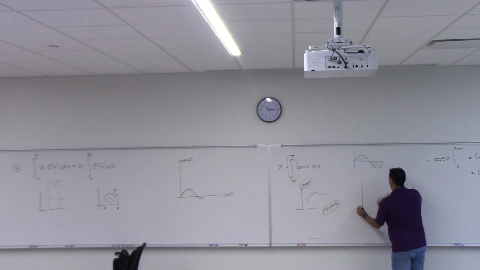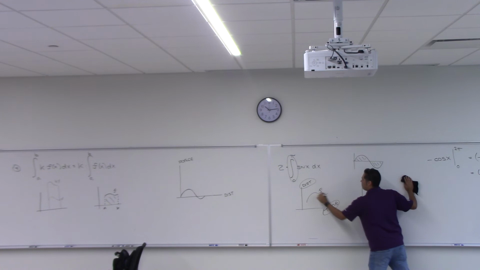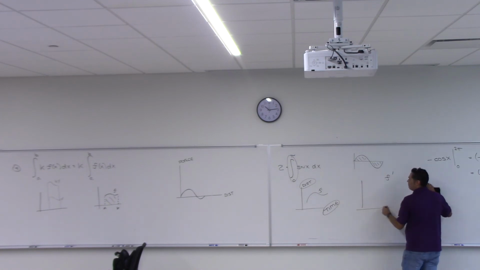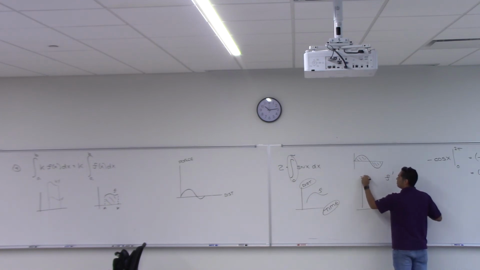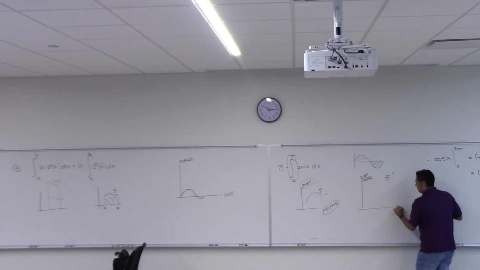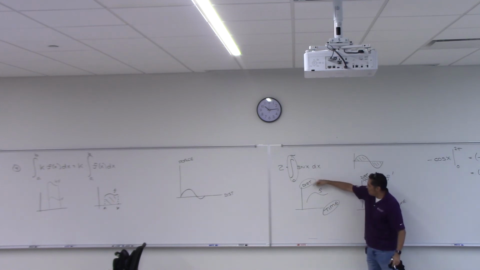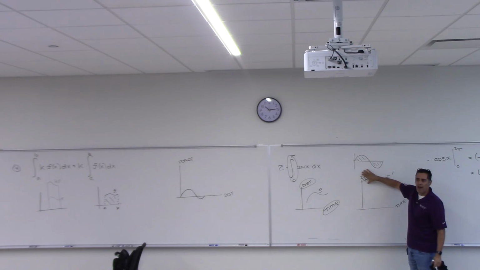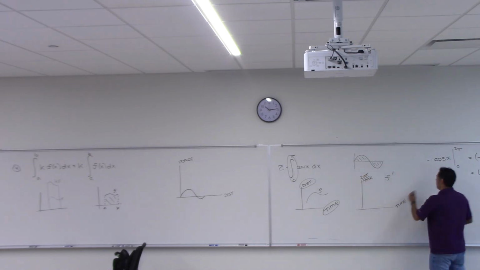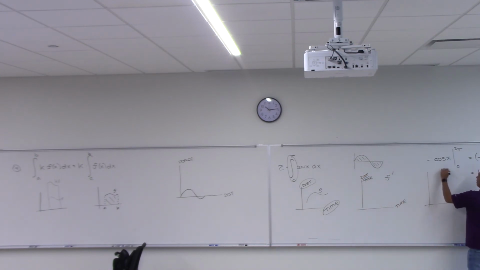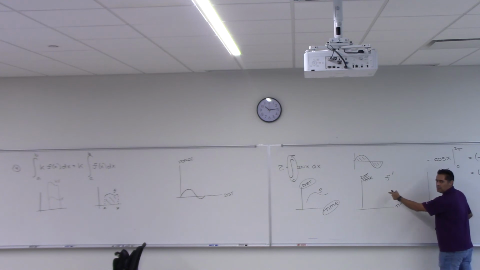If this is f, then this graph is f prime, the distance over time as a function of time. To get from f to f prime, you take this unit divided by this unit, and that becomes your new y-axis. If I do it again and do f double prime, what's the derivative of velocity?